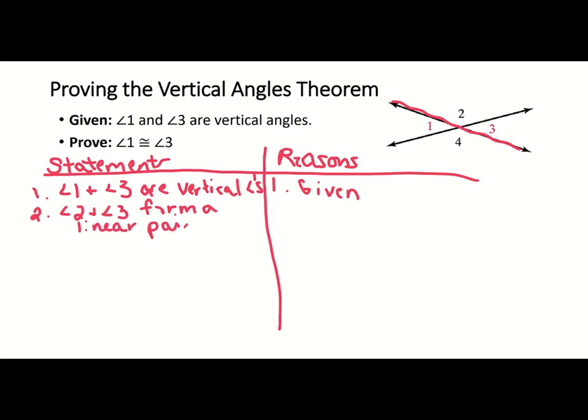And then I also know to go along with that, which is the same thing. If I look here, I can say, well, I know that 1 and 2 form a linear pair. So I'm going to leave that. It's the same information. So I'm going to say angle 1 and angle 2. So you could have started step 3, or you could leave it because it's the same reason in step 2.